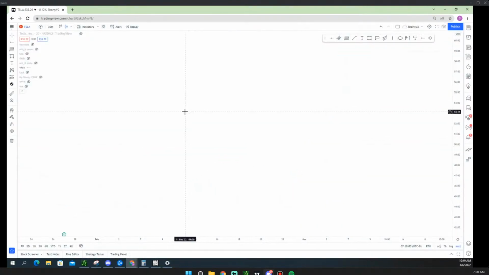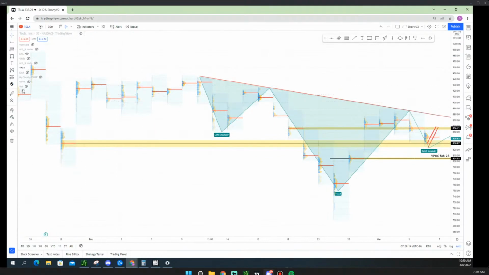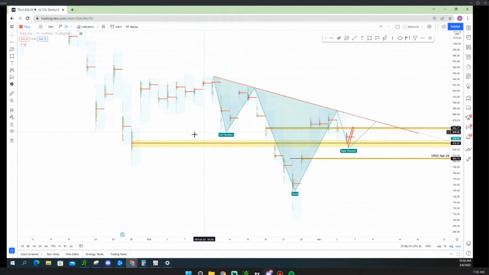So if you look at Tesla, for instance, it's been really choppy, right? You can mark these levels. I can delete this inverse head and shoulders.